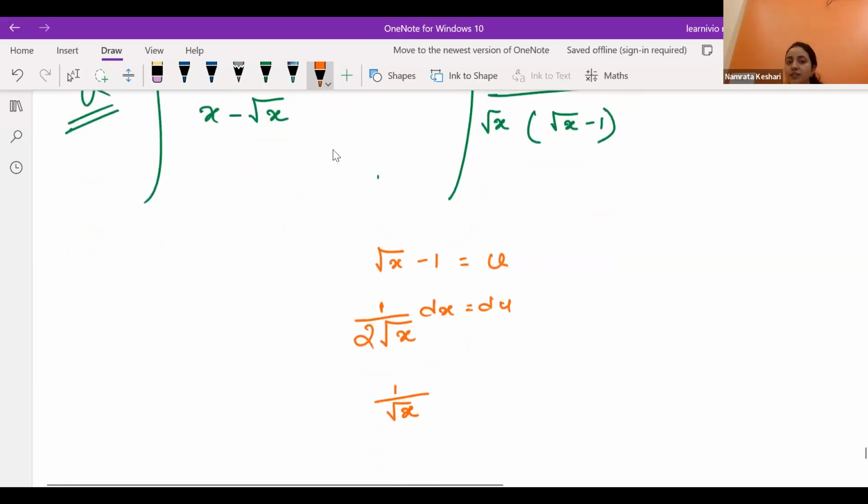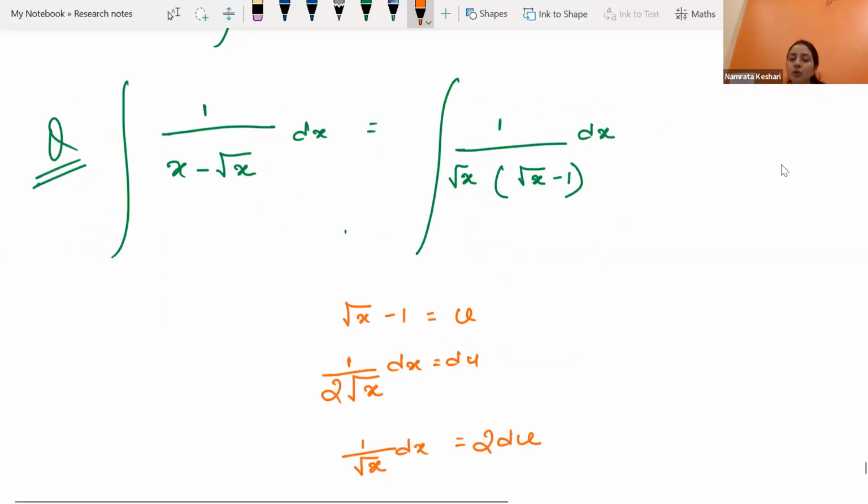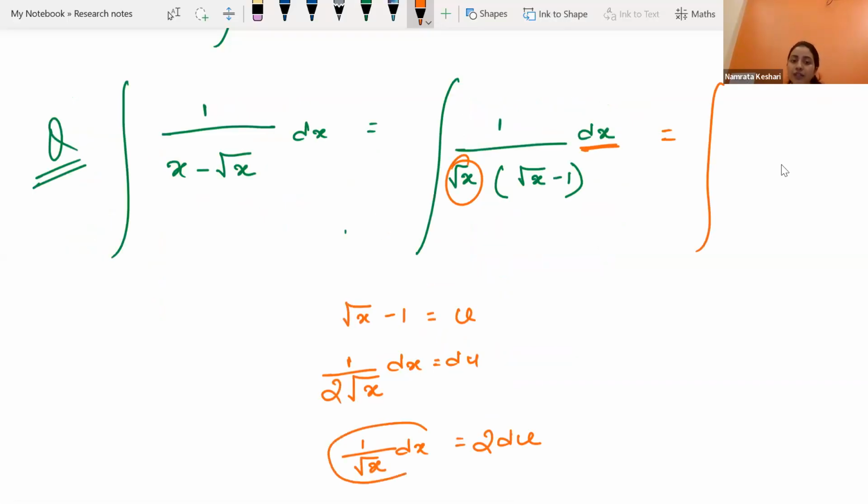Okay, 1 by root x is there and dx is there. The extra 2, that we are only shifting to the other side. Here I am doing it directly. Whatever way you are comfortable, please do it that way. So dx by root x we are already having, that means 2 du, and 1 by root x minus 1 means 1 by u. Are you getting it, Annapurna?